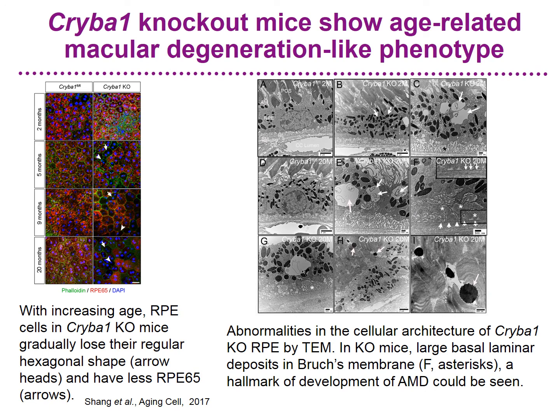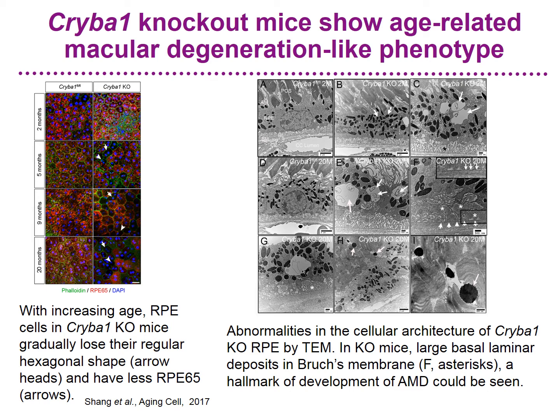The autophagy defect in Cryba1 knockout RPE does lead to an age-related macular degeneration-like phenotype. As shown on the left-hand side of this slide, RPE flat mounts from both wild-type and knockout mice show that with increasing age, RPE cells in Cryba1 knockout mice gradually lose their regular hexagonal shape, shown by arrowheads, and have less RPE65, shown by arrows, a marker for RPE cells.